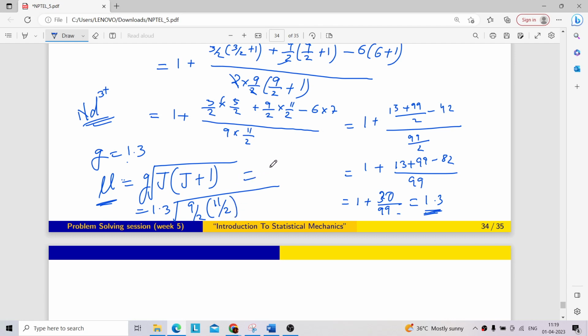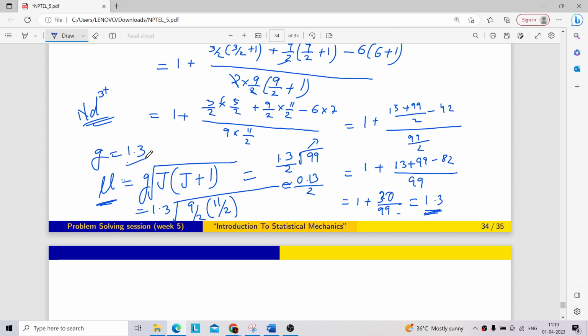So this will be 1.3 times root over 99 by 2. Let's assume it to be 100, then 10 will come from this. So approximately I can say 0.13 divided by 2.